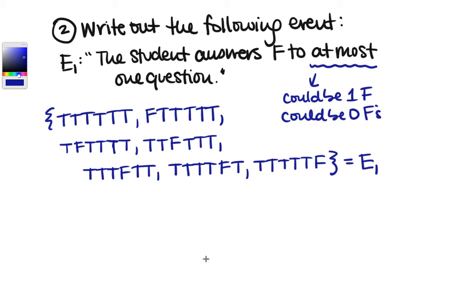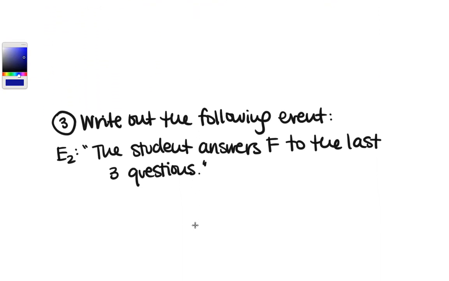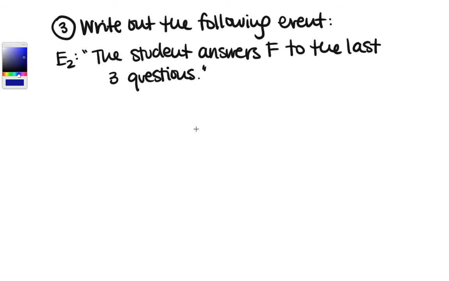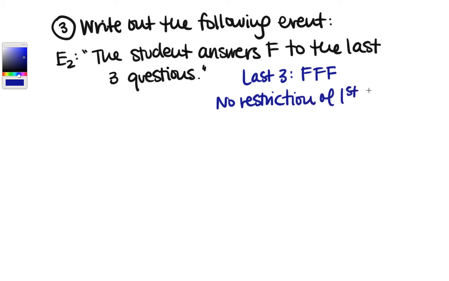Okay, let's go ahead and write out a slightly different event. The student answers F to the last 3 questions. Okay, so the last 3 of every outcome in our event is going to be F, F, F, and there's no restriction on the first 3.